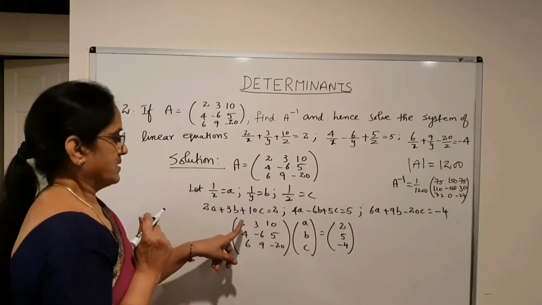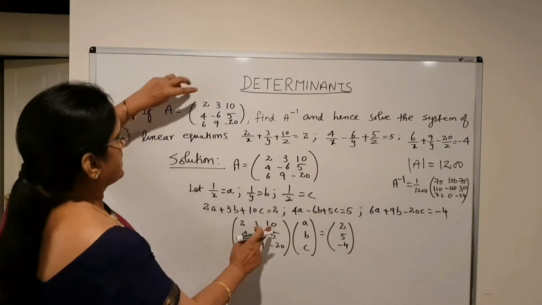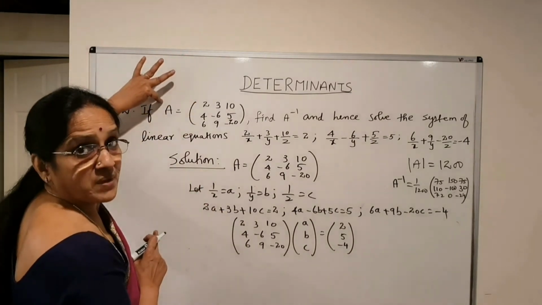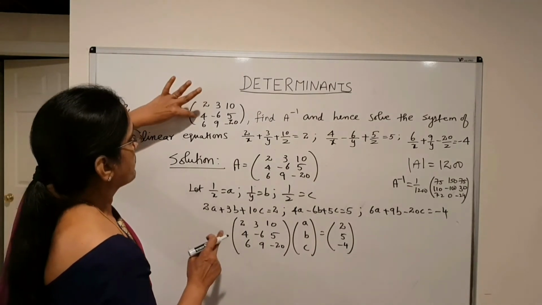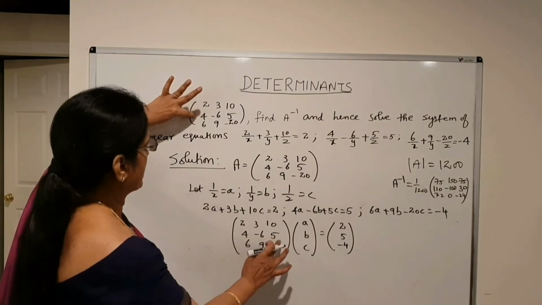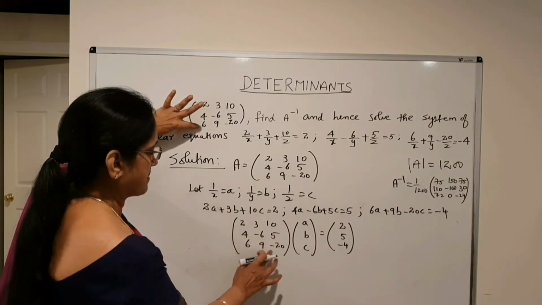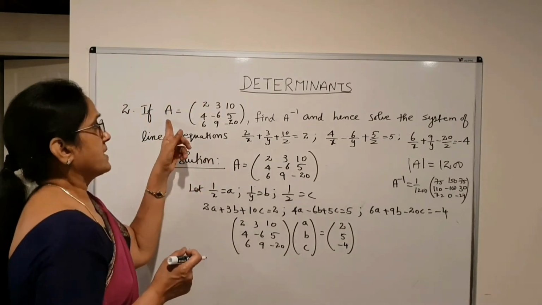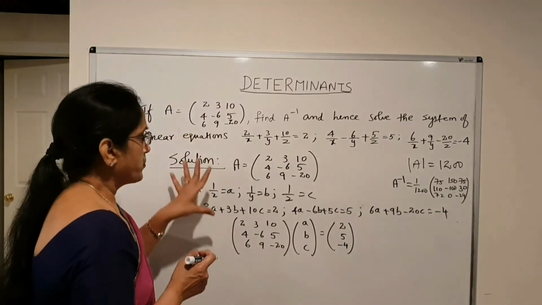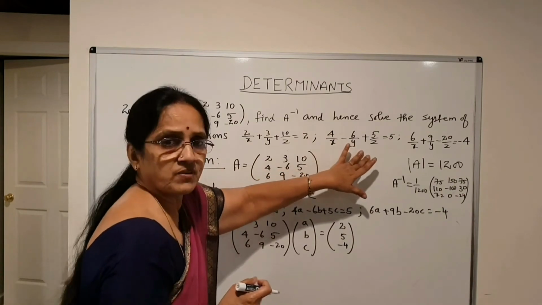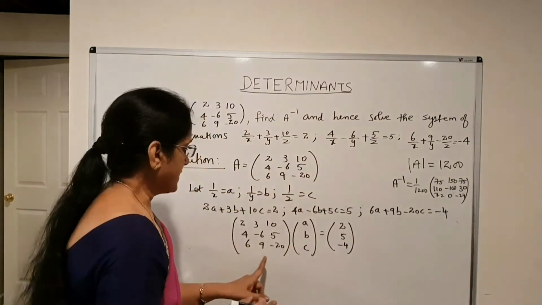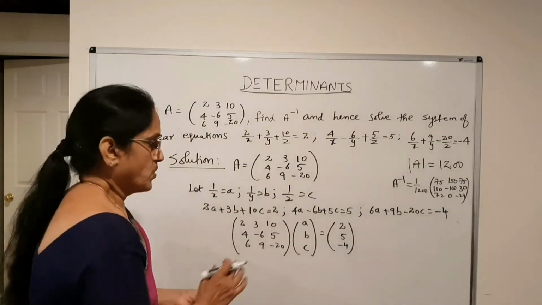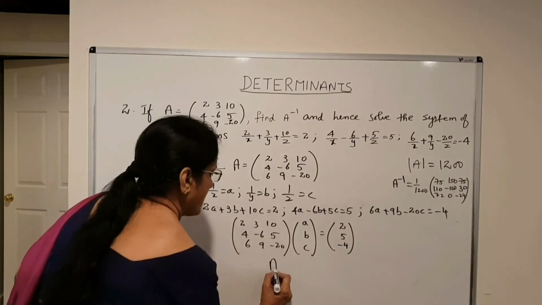Now let me check. See, 2, 3, 10. Even the question, the same way is given. 2, 3, 10. 4, minus 6, 5. 6, 9, minus 20. That is, the matrix A is given to you. But when I put the system of linear equations in matrix form, I am getting the same A over here. So I can write this as A.